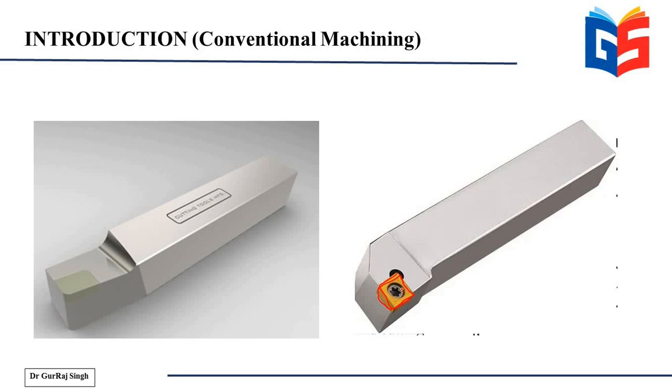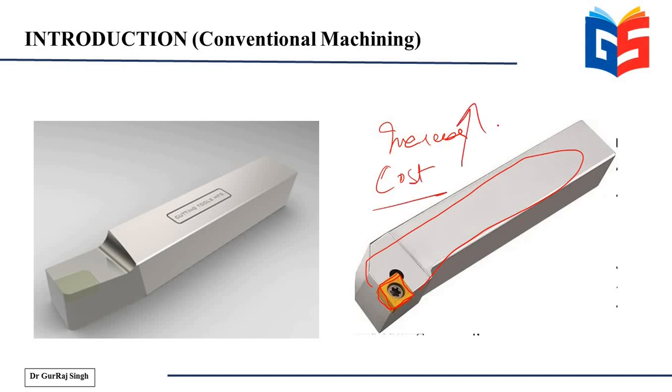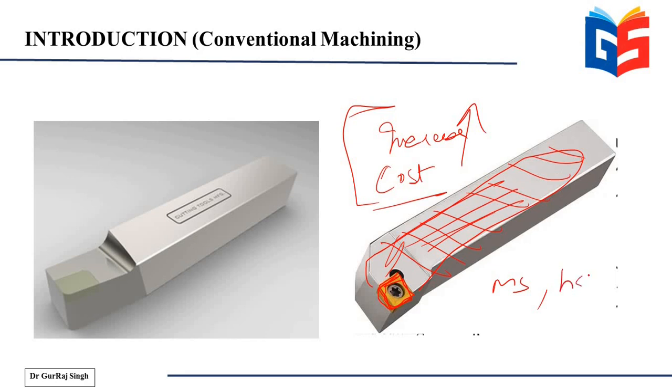And now why not make this entire tool out of tungsten carbide? Because that is going to increase the cost. So in order to prevent the cost from increasing beyond viability levels, you are trying to make just the cutting part out of the expensive material, while the remaining tool, that is just used for holding that cutting edge, you can make out of a cheaper material like mild steel or high-speed steel.